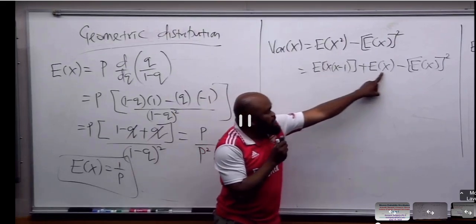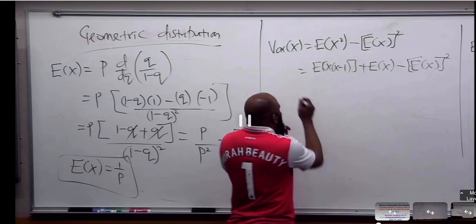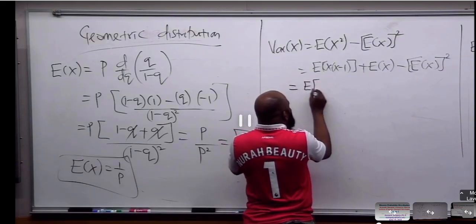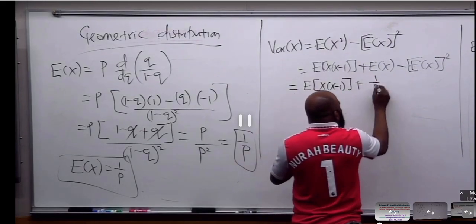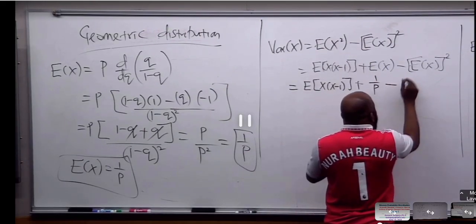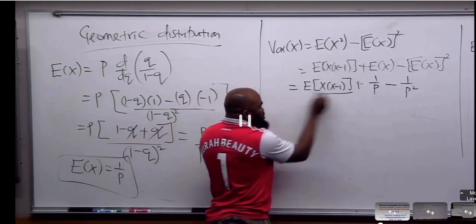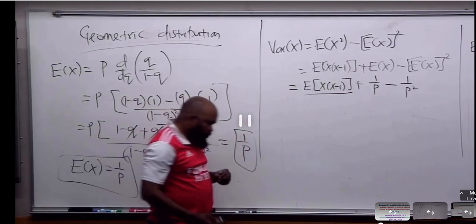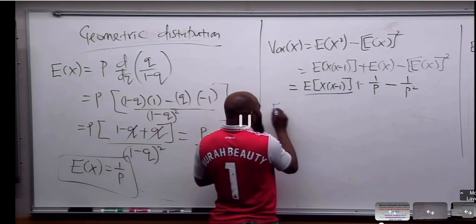This guy is the same thing as this, like what I said the other time. Now, expected value into x minus 1 plus, we've gotten that to be that, and here, right? I only need to figure this guy out. Need to figure that guy out. Now, I want to figure this guy out now.